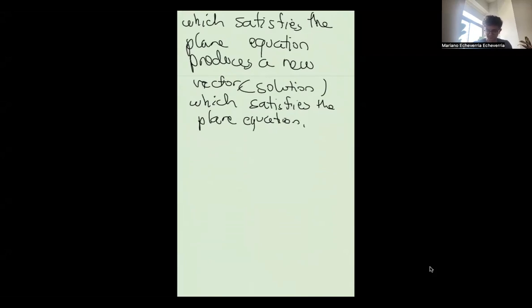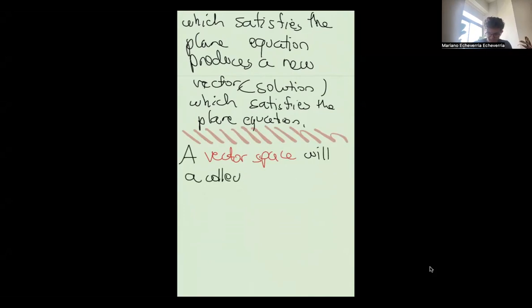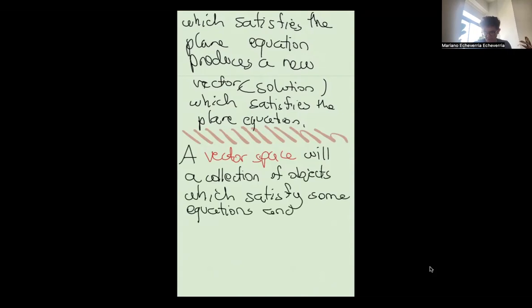So a vector space will be a set or a collection of objects which have the property, which satisfy some equations.